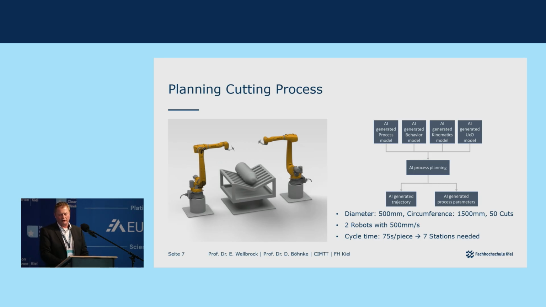And all this together, we can create a process planning, we can create a trajectory, and we can create process parameters. And here, for example, if you have a bomb diameter of 500 millimeters and maybe a length of 1.5 meters, and we want to cut it into 30 slices, we need with 2 robots roughly 75 seconds per bomb.